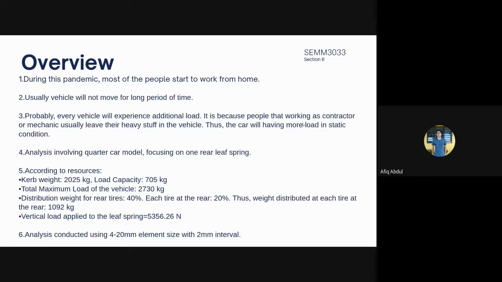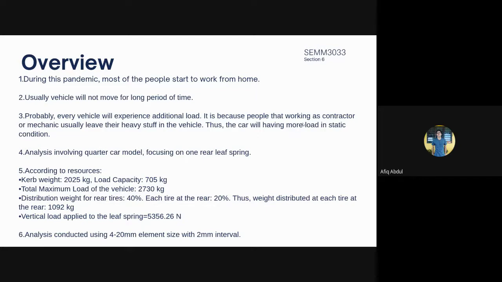Therefore, this analysis involves the quarter car model focusing on one rear leaf spring. Next, according to resources, the curb weight or the net weight of the vehicle is 2025 kilogram, and the load capacity, which is the maximum load that can be in the vehicle, is 705 kilogram. Then the total maximum load of the vehicle is 2,733 kilogram.